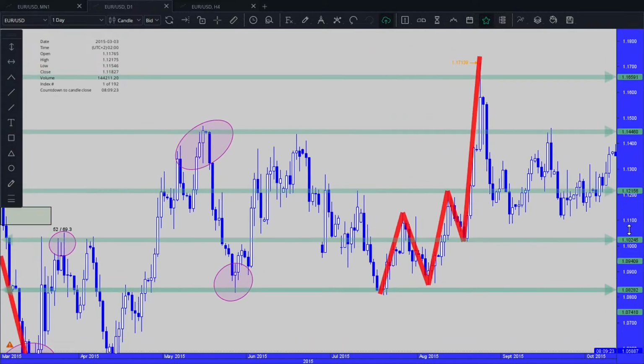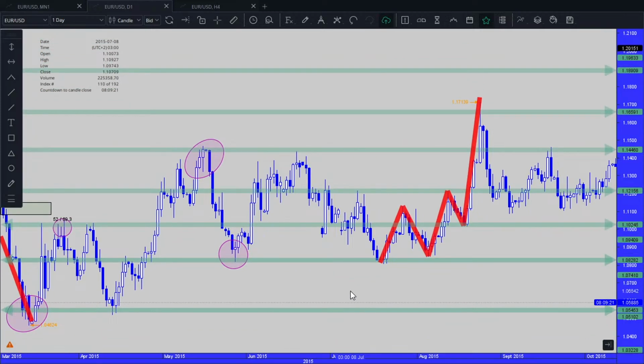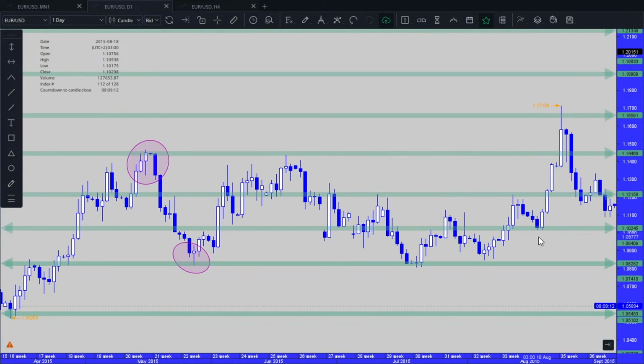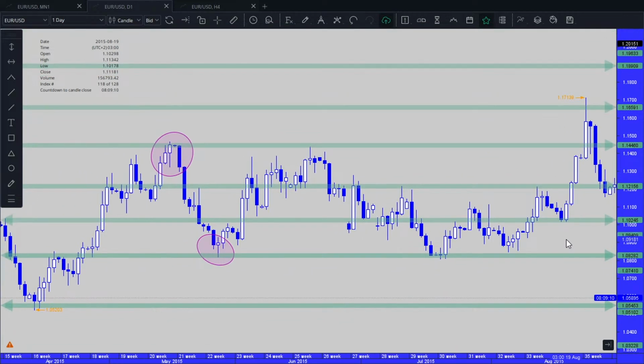Boss, what has this to do with trading? Well, if you are trading on any time frame, just an example, everybody, try to understand this one.